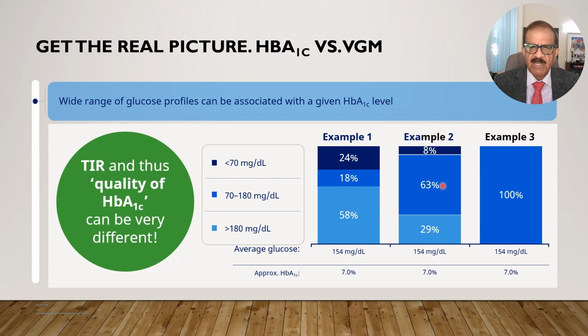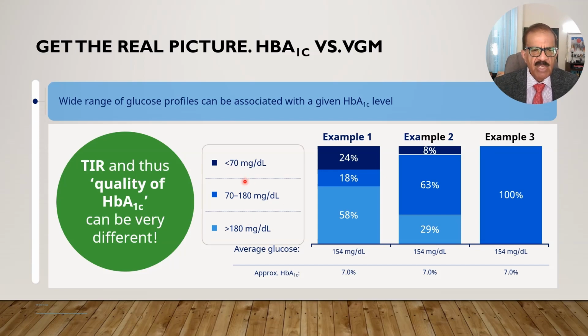This person has hypers and hypos, but this one has the least variation. But HbA1c is the same, 7%. So that is why time in range is getting popularity, because it gives you a better picture. It doesn't just give you an average, it gives you a better picture.